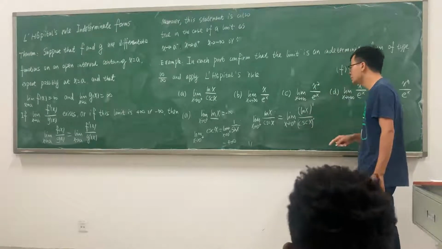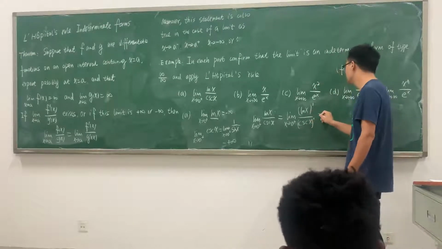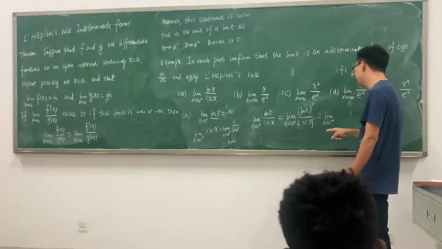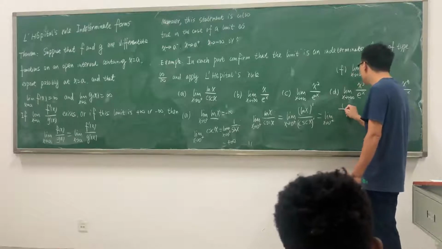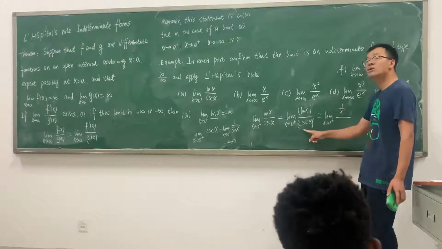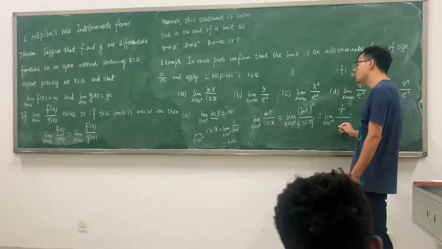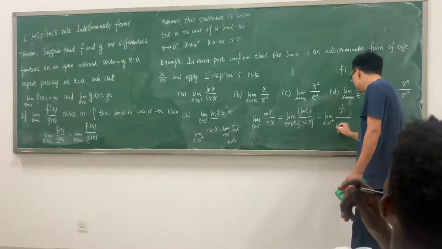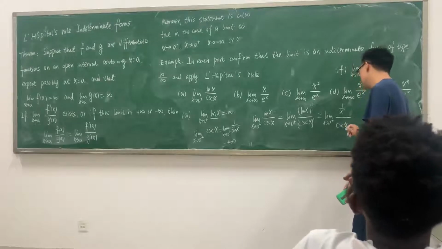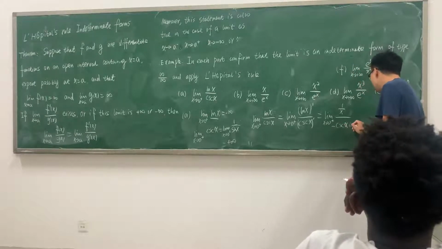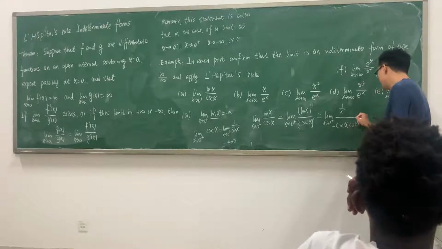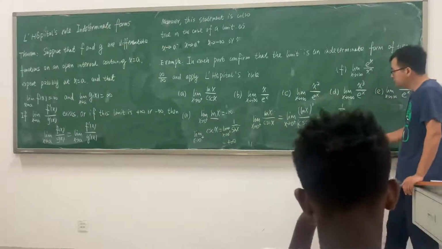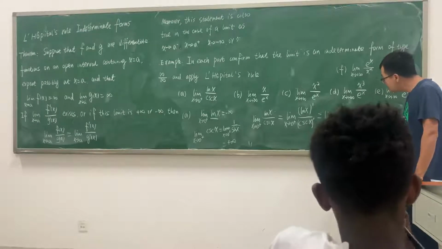Ln x prime is 1 by x. Cosecant x prime is minus cosecant x times cotangent x.